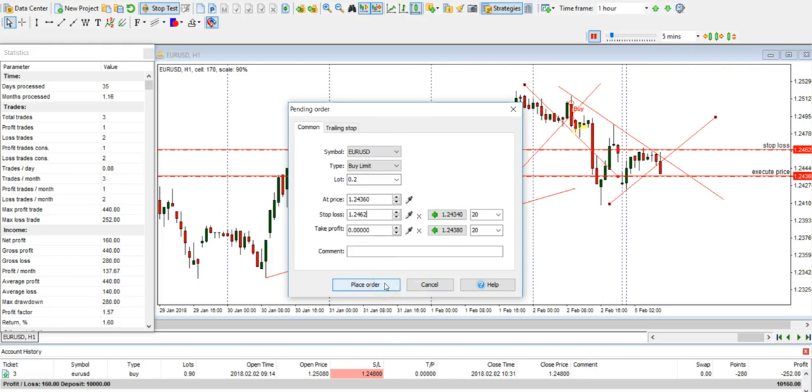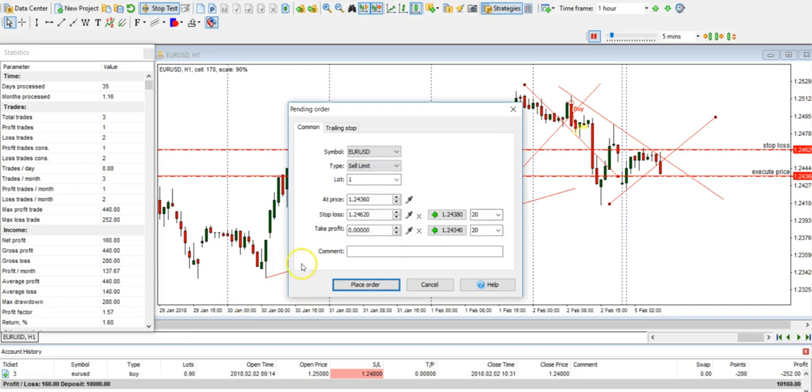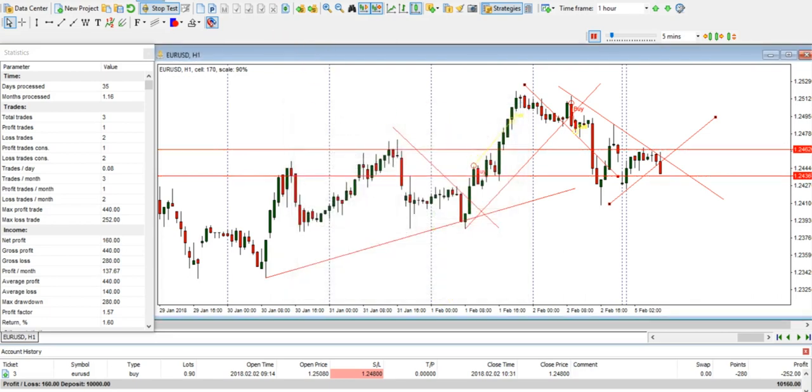Okay, so we don't know. There we go, sell, and one lot. Okay, so this order, it's not going to let us do that. So just watch it closely here.